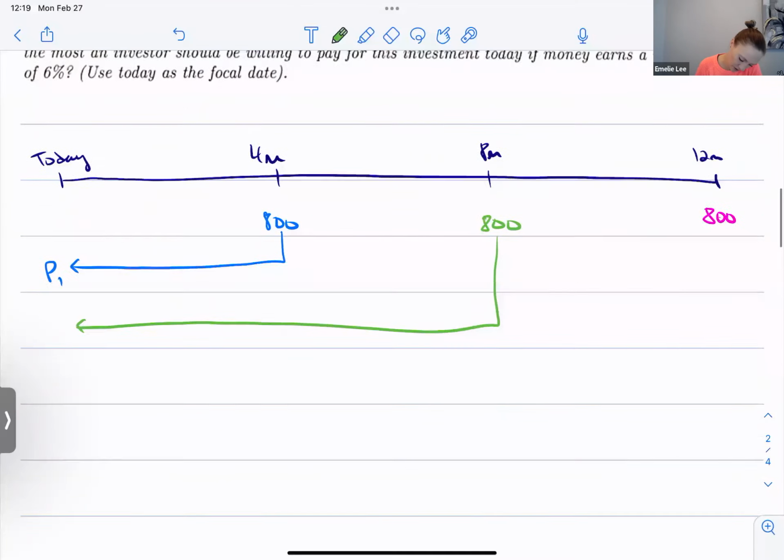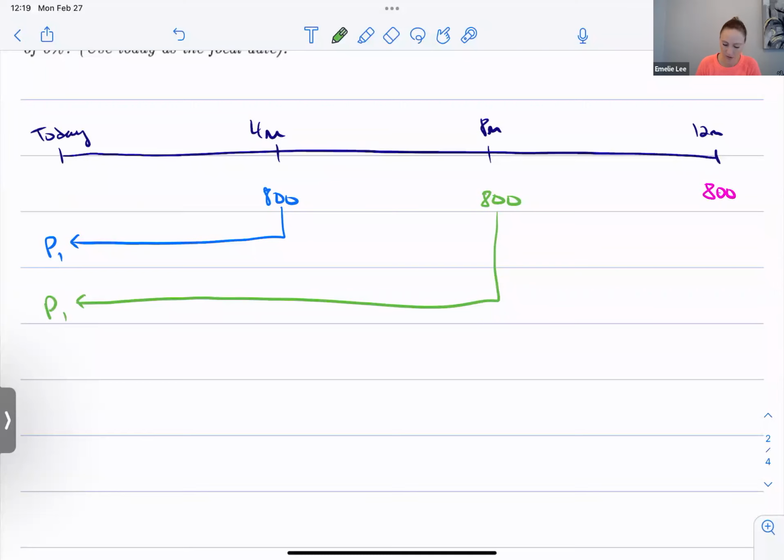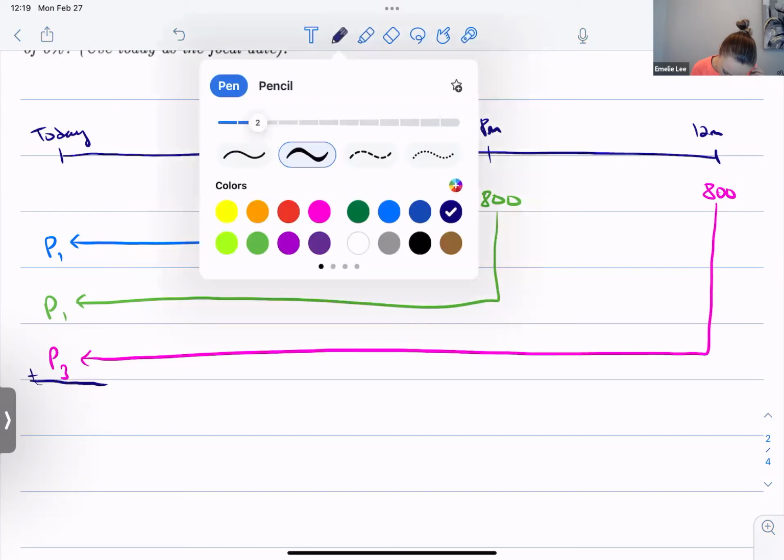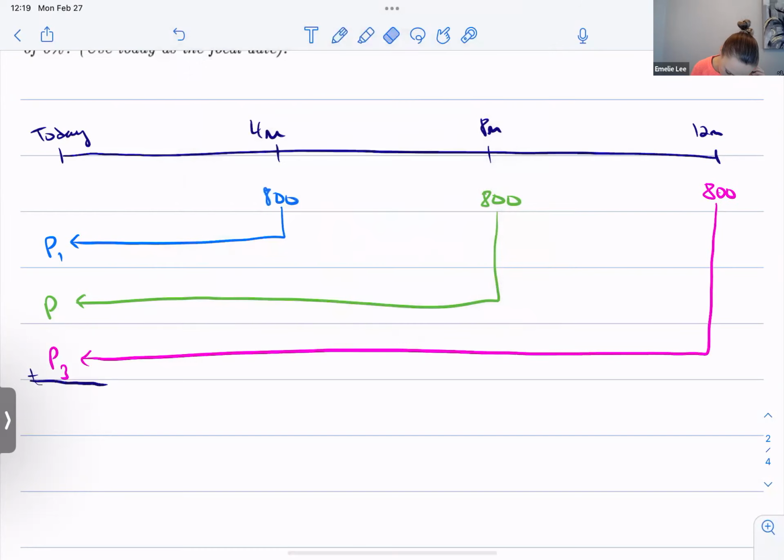If you don't have the color schemes, I need to show what they all are. So now here, if I add up all these present values, I don't know why I did P1 on the green one, it's P2.